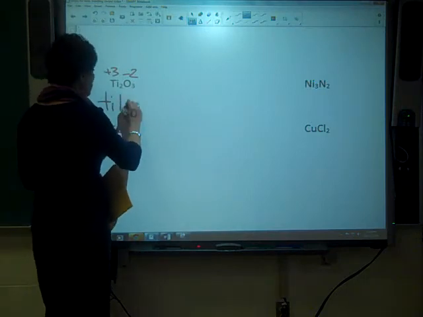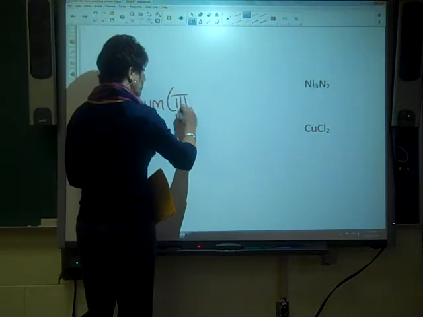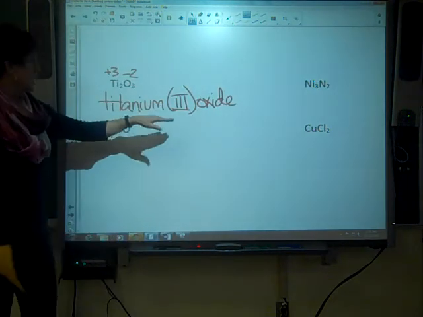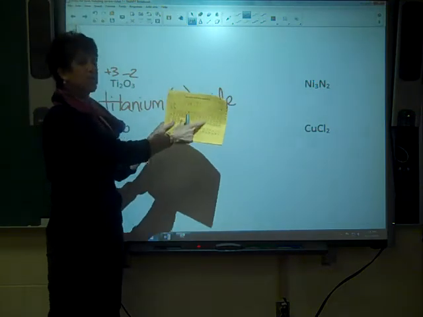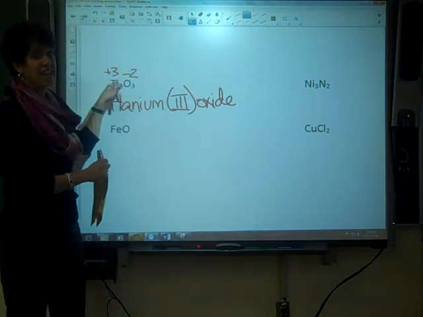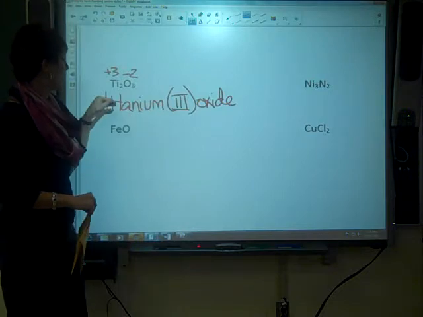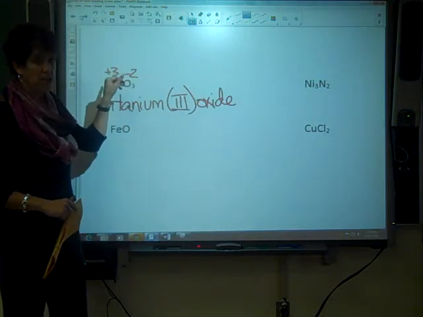So to write the name, I would write titanium 3 oxide. Now, middle metals need middle names. So if it's anywhere in 3 through 12, its middle name is its oxidation state in a Roman numeral in parentheses. So that's how I got the name titanium 3 oxide. Titanium had a +3 charge.